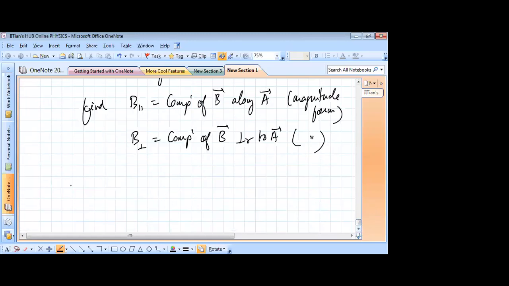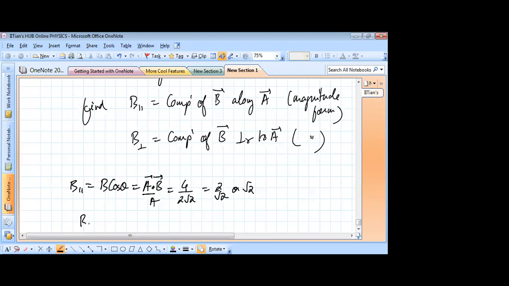So again, we can see that the parallel component is this. So A dot B will become 4, whereas mod A was 2 root 2. So this is 4 by 2 root 2, or better stated, root 2.